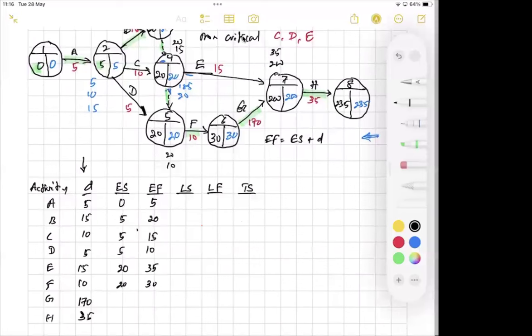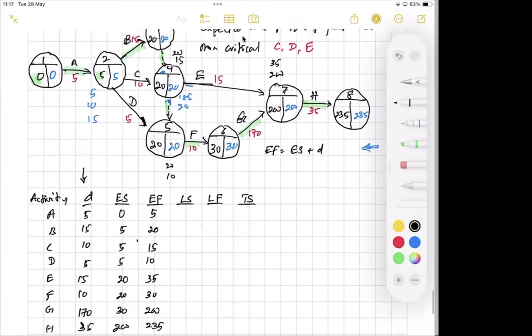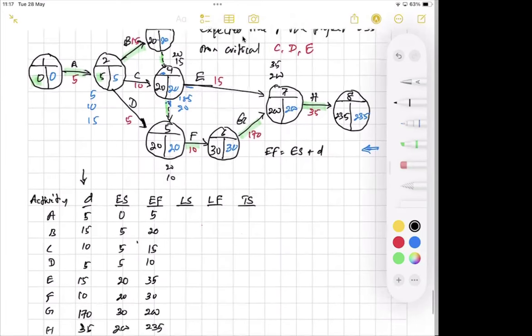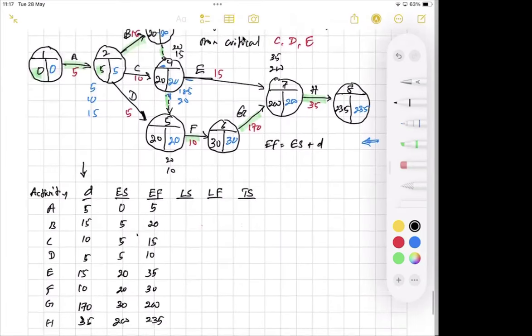Activity G, tail event is number 6. Left hand side value is 30. 30 plus 170, 200. Right, activity H, tail event is number 7. Left hand side value is 200. 200 plus 35, 235.